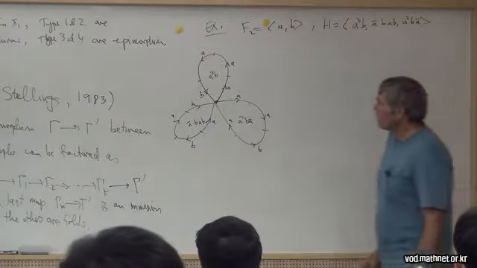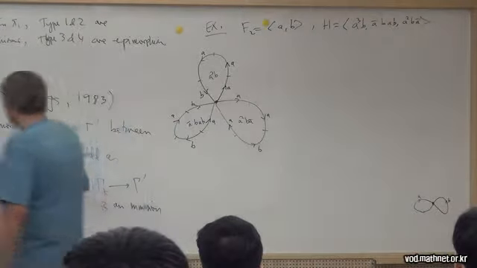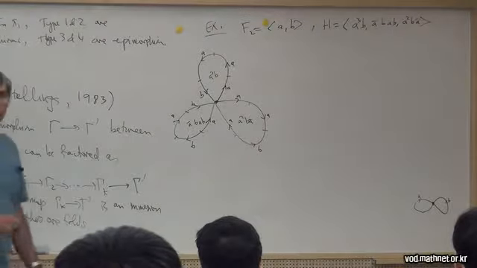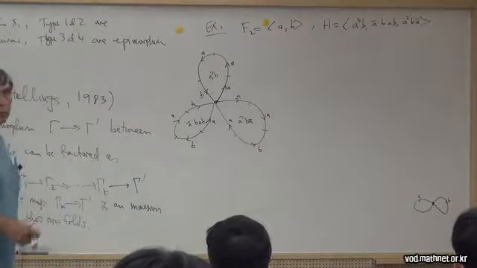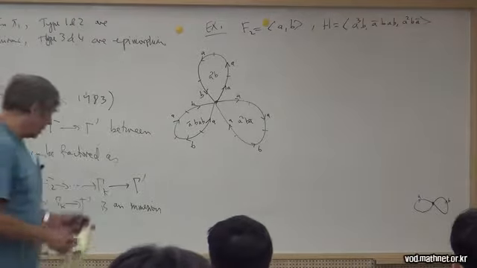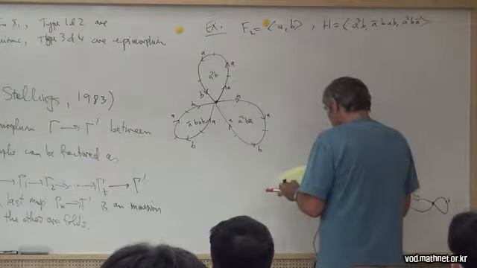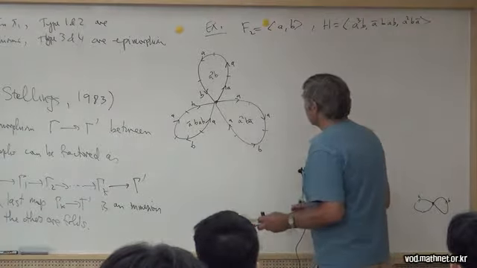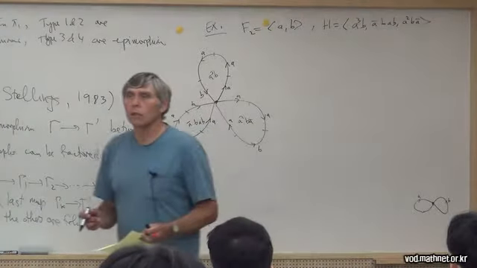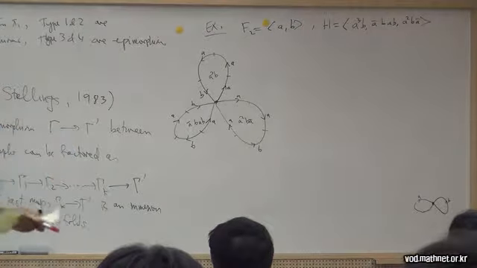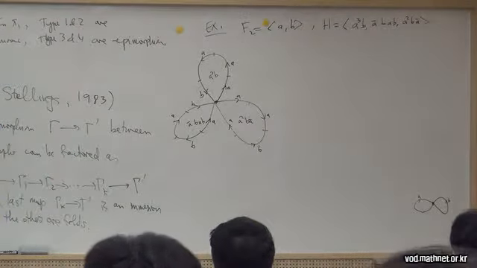Okay, but now let's do this factorization like Stallings. I want to fold as much as I can until I get an immersion. I set up the picture so that it's easy to see what to fold. And in fact, I will make it more economical by doing more than one fold at the same time.